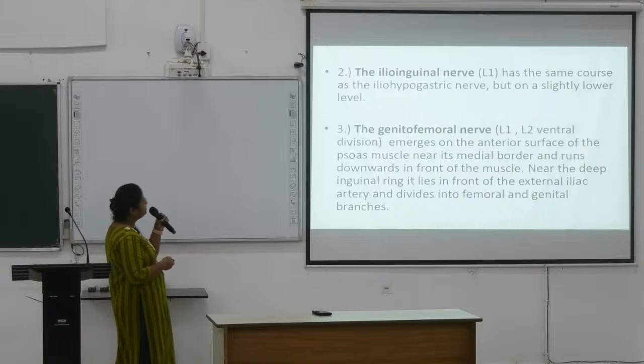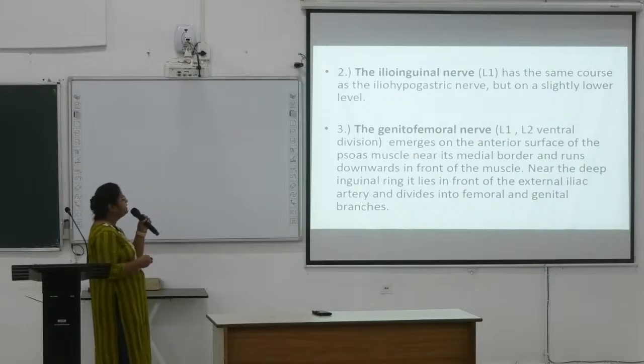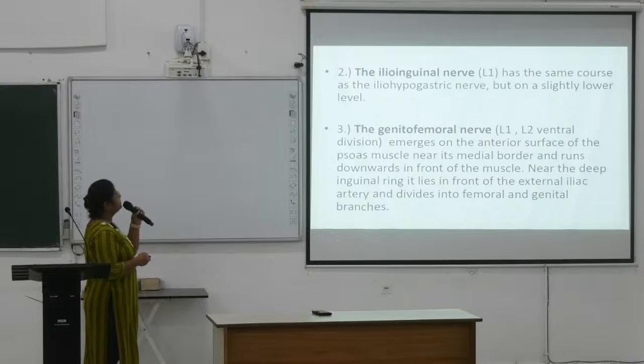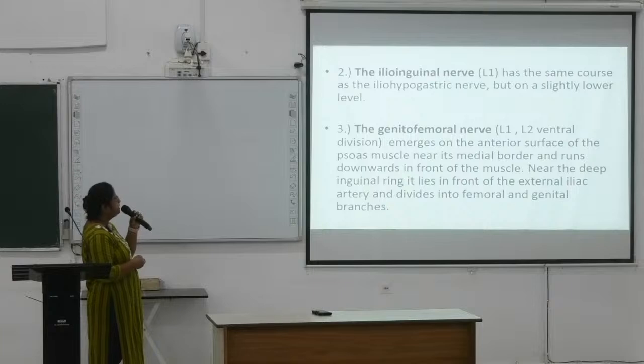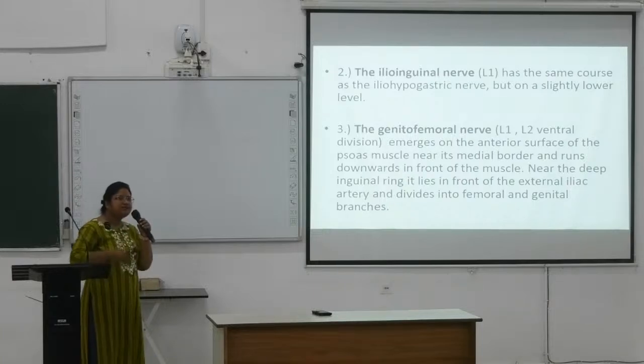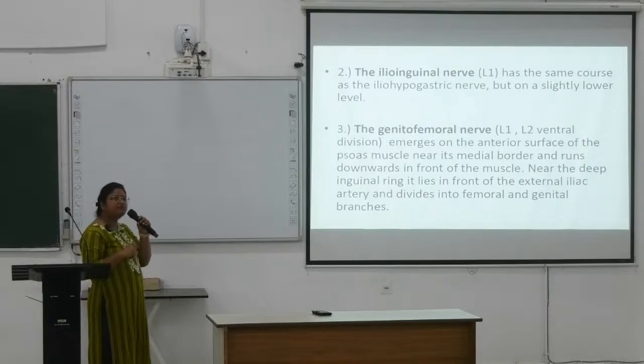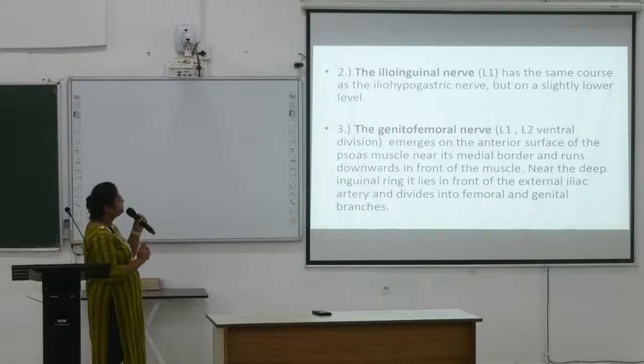Then is the genitofemoral nerve. Its root value is L1 and L2 ventral division. It emerges on the anterior surface of the psoas major near its medial border and runs downward in front of the muscle. It is generally plastered with the psoas major on its anterior surface. That's how you identify this nerve, the genitofemoral nerve. Okay, it is also given in your OSPE.